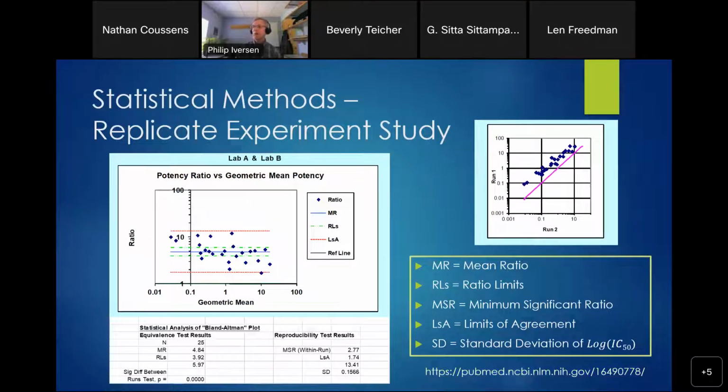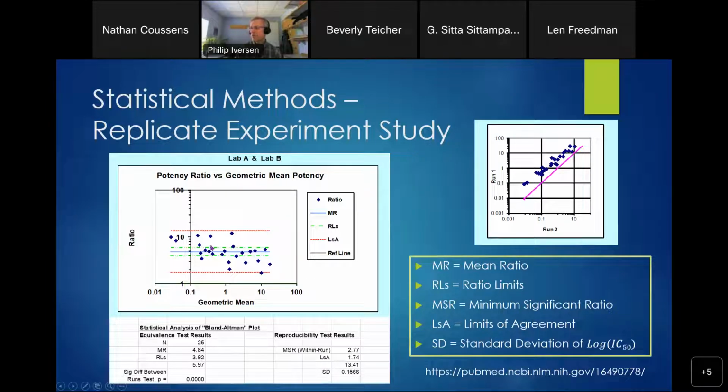Here's another example where I actually took the same data, but introduced a shift between the 2 runs. So you see in the scatter plot, all the points are now above the line of agreement. This is to illustrate what can happen when there's a problem of agreement between the 2 runs. Now the mean ratio is 4.8-fold on average between the runs. That's the blue line at about 4.8. We've shifted away from the ideal mean ratio of 1.